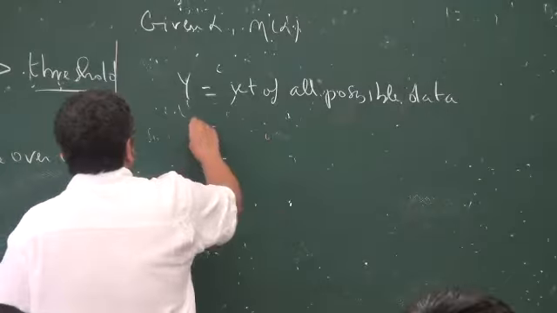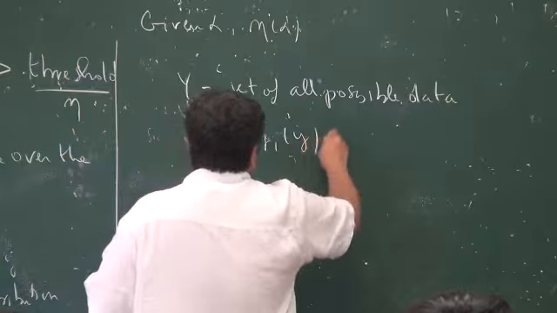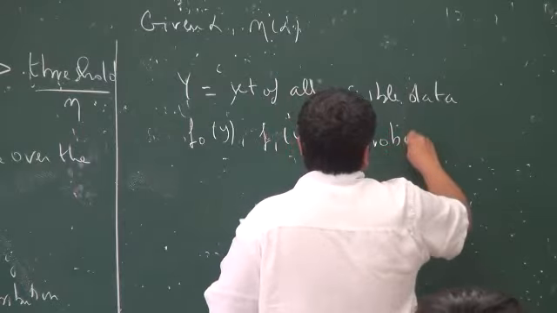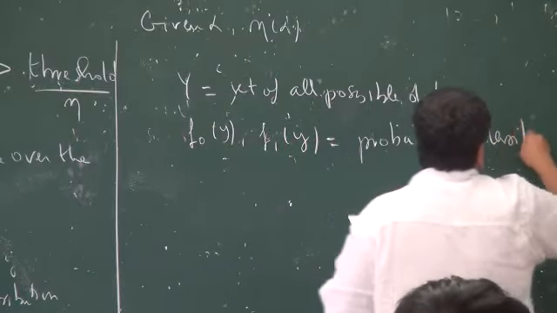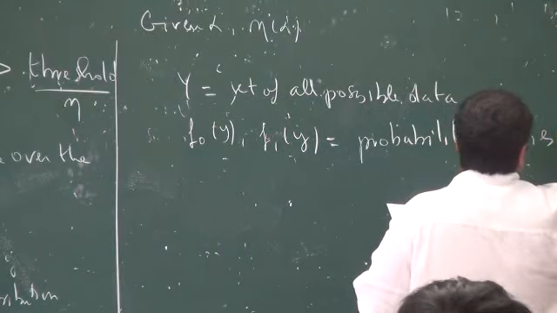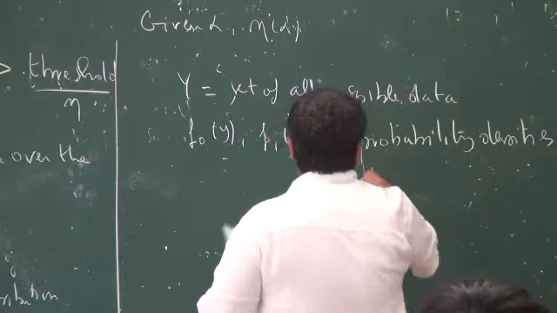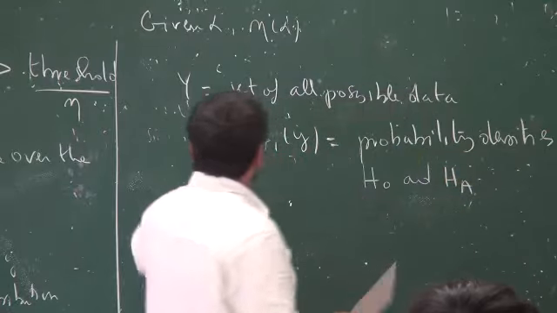Take F0 of Y and F1 of Y. These are probability densities under the null hypothesis H0 and HA.